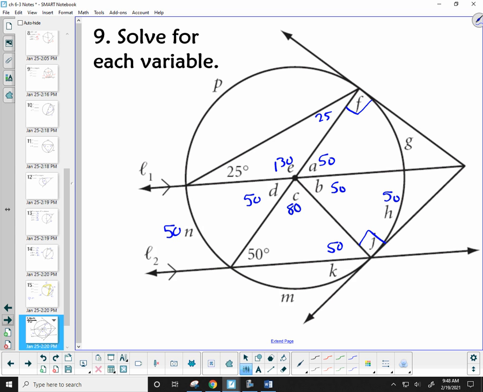So I know that these two angles, 50 and K here, have to add up to be 90, so K has to be 40. C here, because this is an 80-degree central angle, N has to be 80. Where we have G still. G is this arc, so if A is 50, G has got to be 50. And then P up top, if its central angle is 130, P has to be 130.